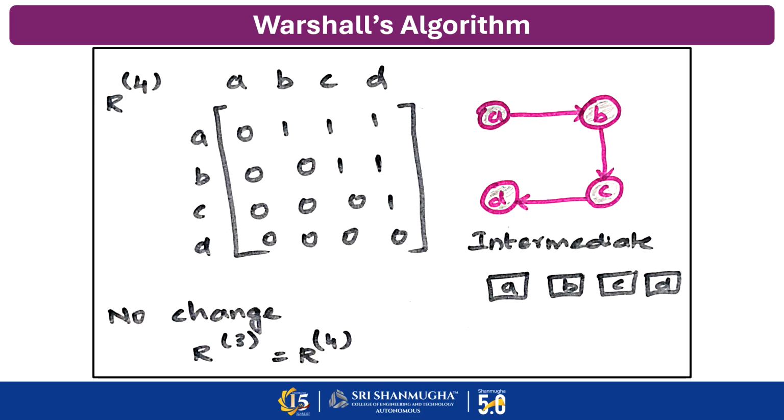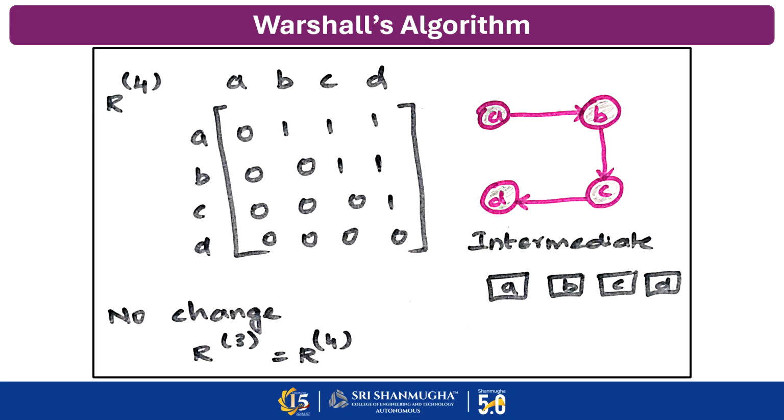So now the number of intermediate will also increase. In R1, what was the intermediate element? A. In R2, what was the intermediate element? A, B. Now in R3, what are the intermediate elements?